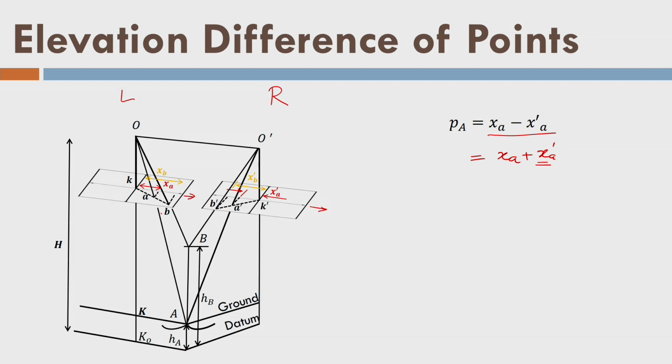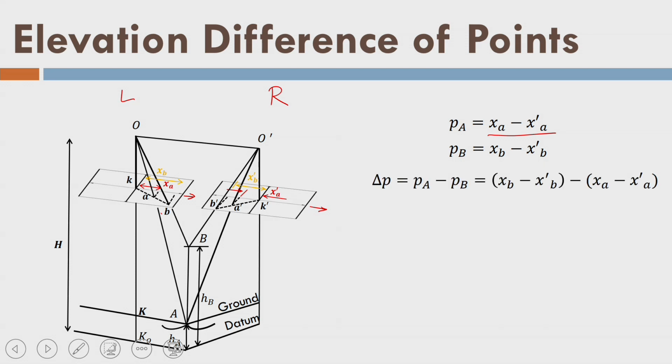So, I can write this parallax like this, fine. Similarly, I can write PB like this. Now, I am calculating delta P, which is the difference of parallax A and parallax B, given by this.